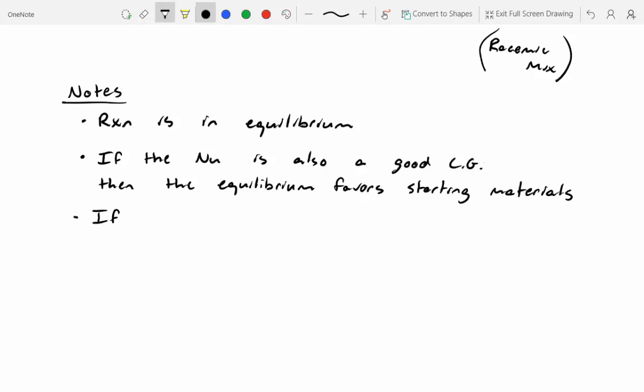And then the opposite is true. If the nucleophile is a bad leaving group, then the equilibrium favors products.